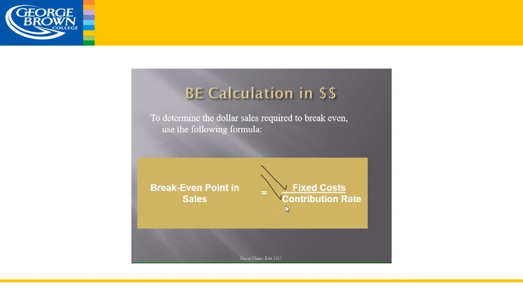More specifically, we divide it by our contribution rate in decimal form, and that will give us the point in sales, so the dollar amount of sales, at which we are not making any money, but we're not losing any either. This point is very important to know, because anything below that sales point, you know that you're losing money. And anything above that sales point is you making money. Because the break-even point, again, profit equals 0.